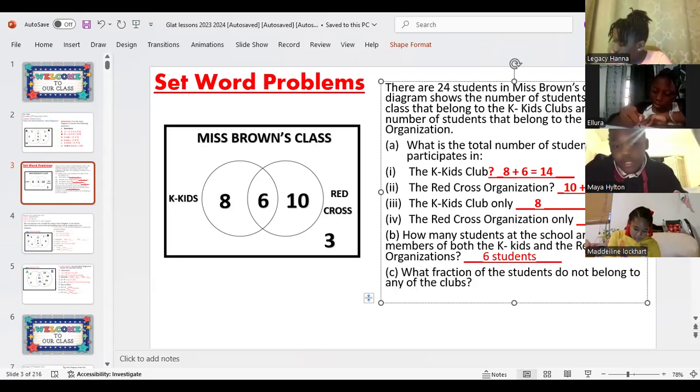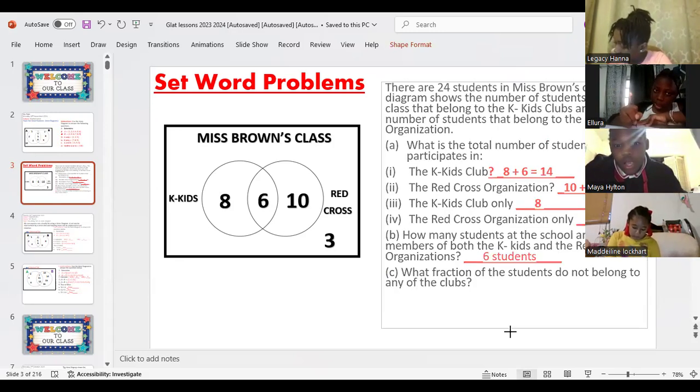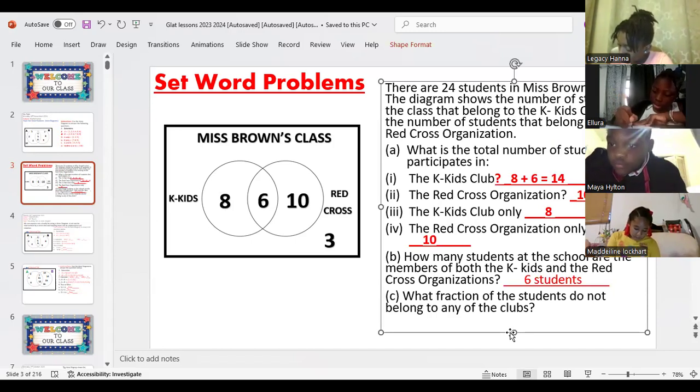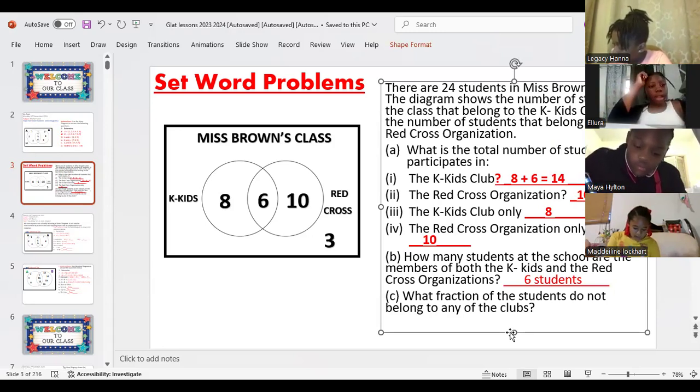Is it 1/3? What fraction of the students do not belong to any of the clubs? It's a what fraction though? It's not 1/3.